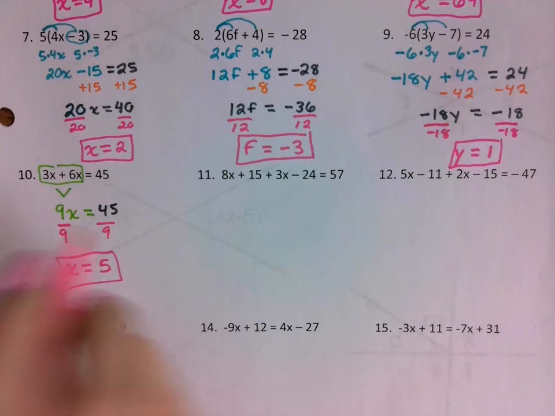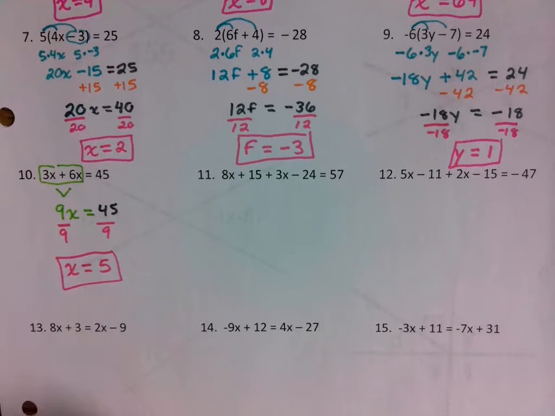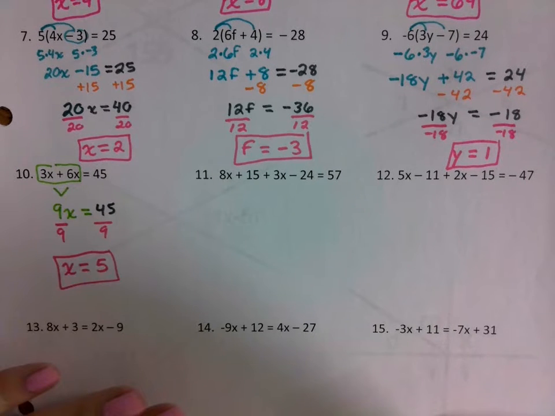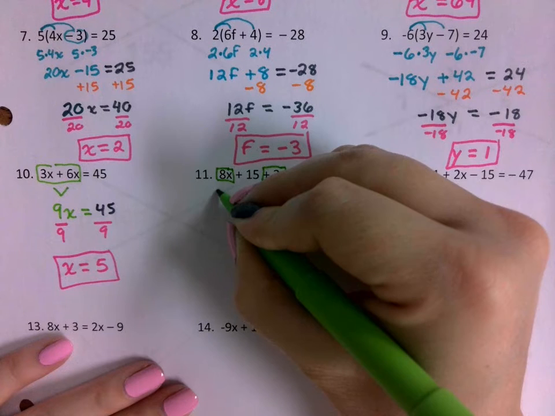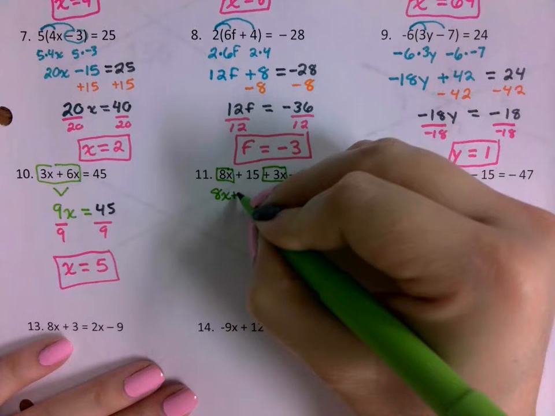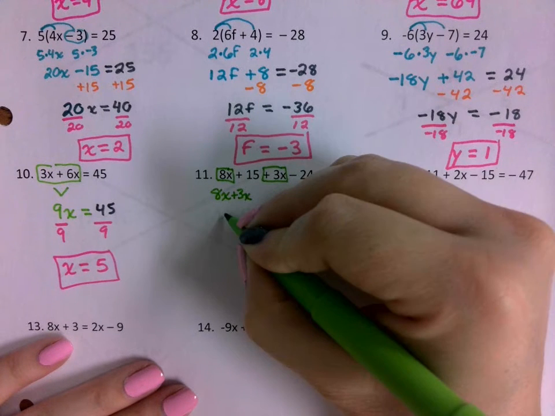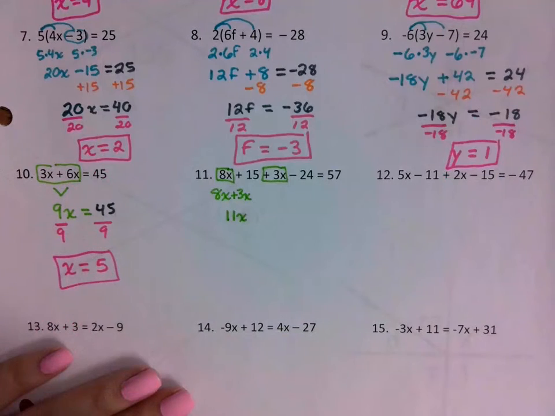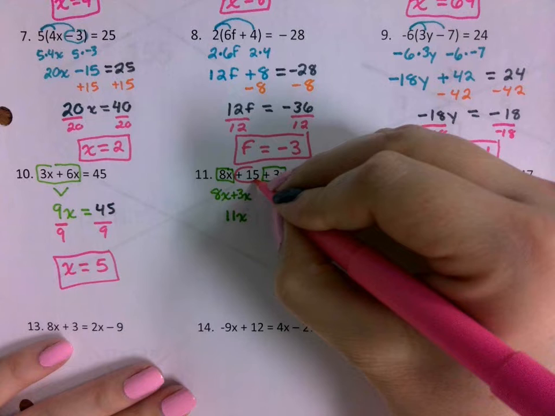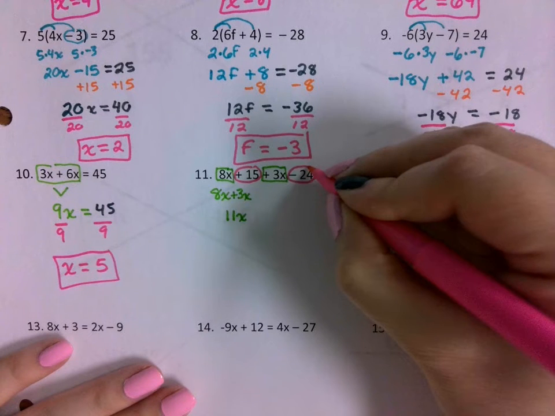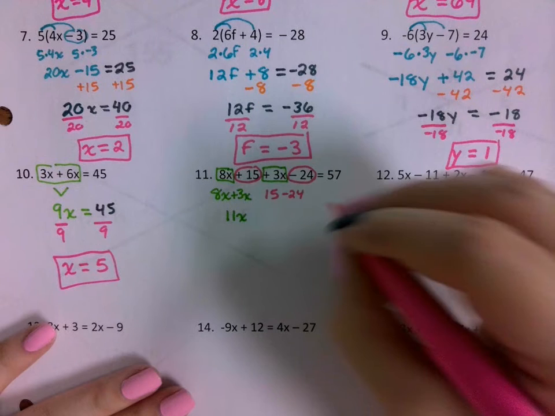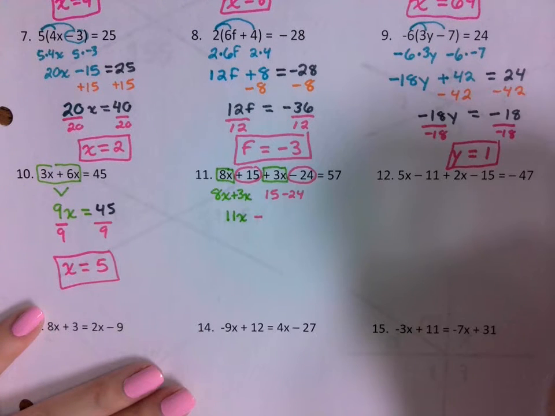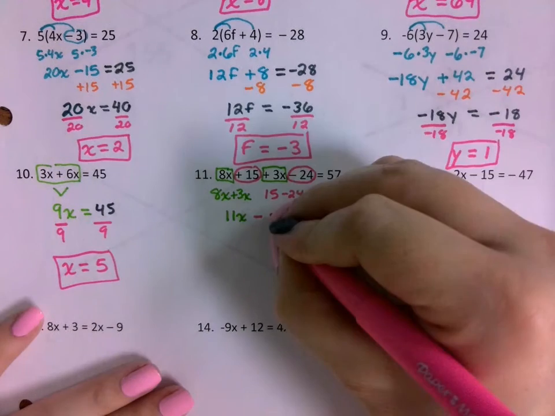For problem number 11, you would have combined 8x and a positive 3x together first. 8x plus 3x is going to give you 11x. Then you would focus on the positive 15 and the negative 24. 15 minus the 24 is going to come out to a negative 9, or minus 9.